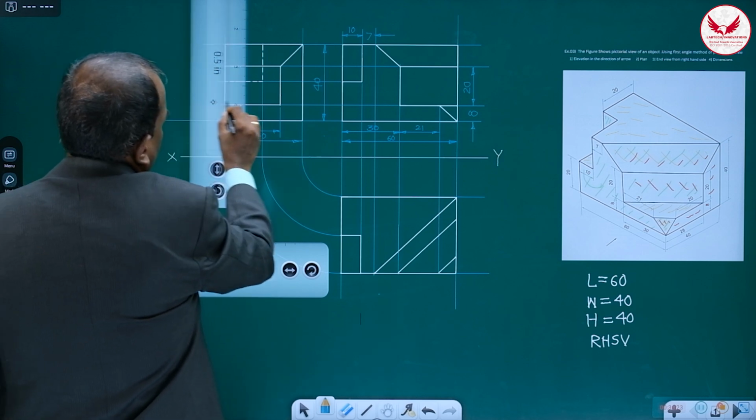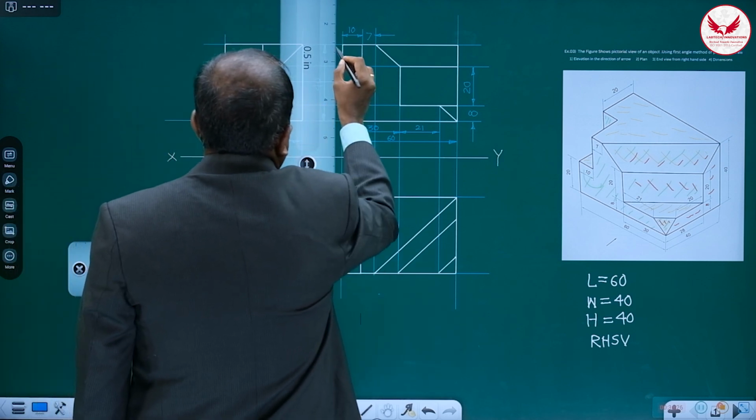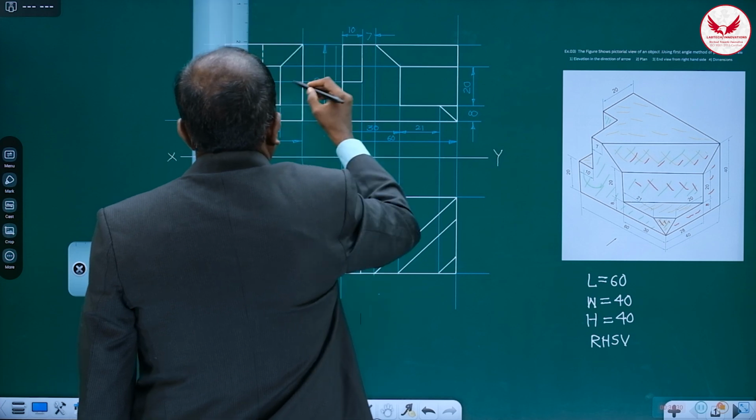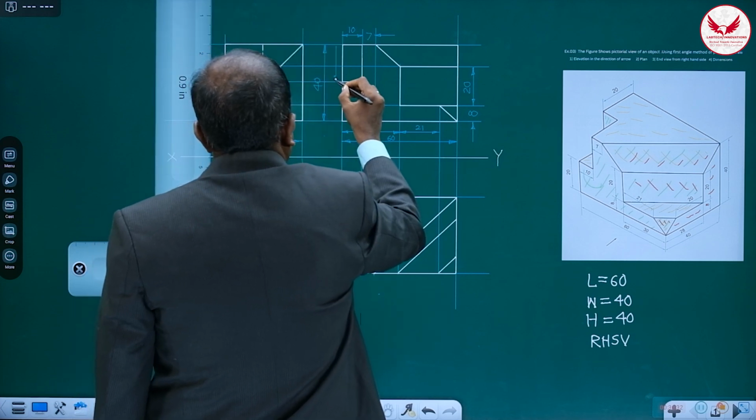This depth, we have to give all the dimensions.